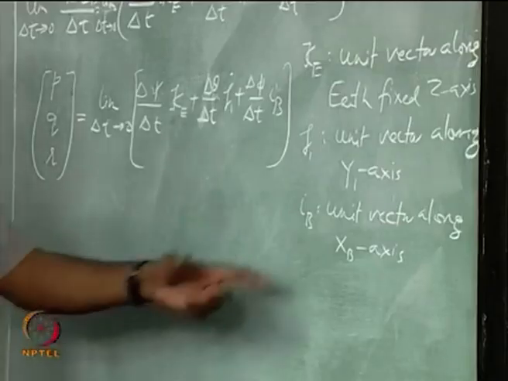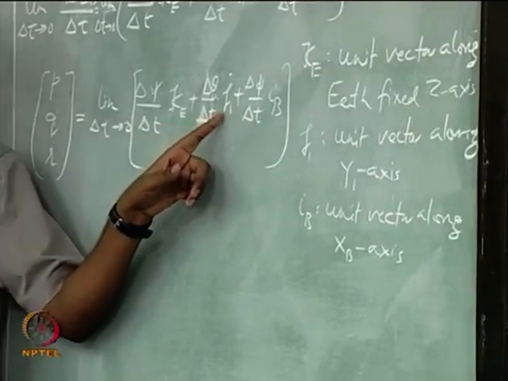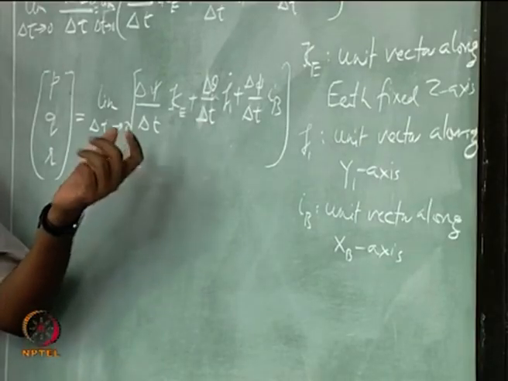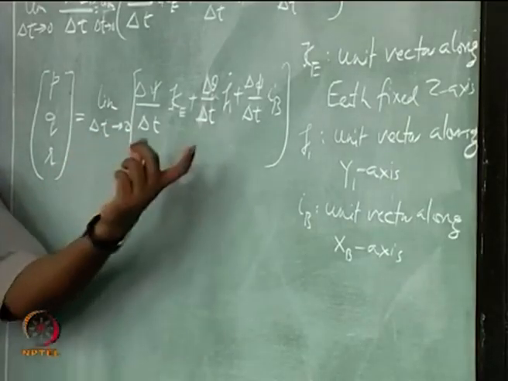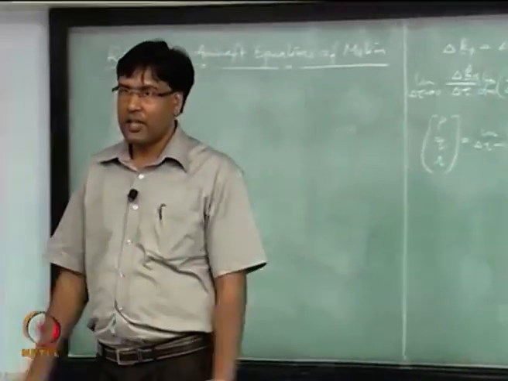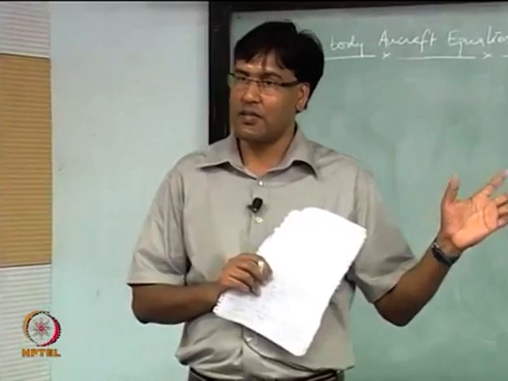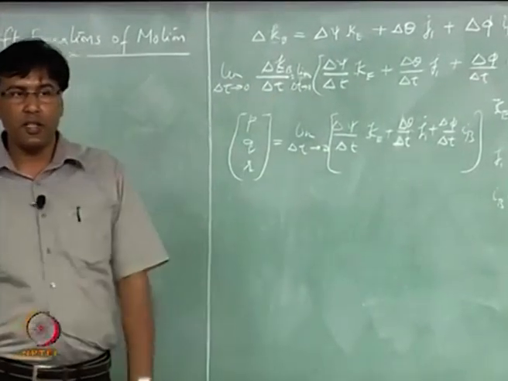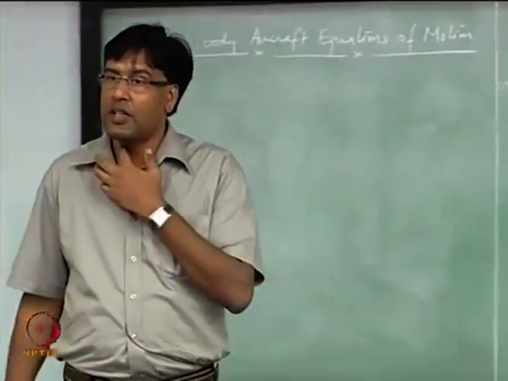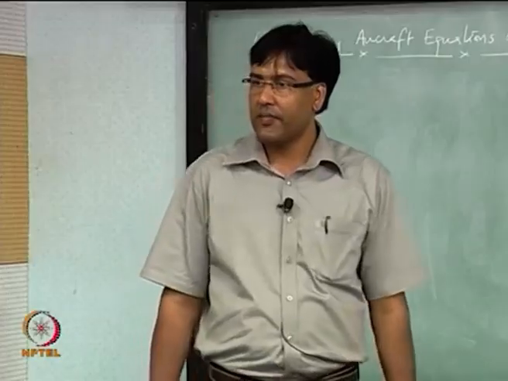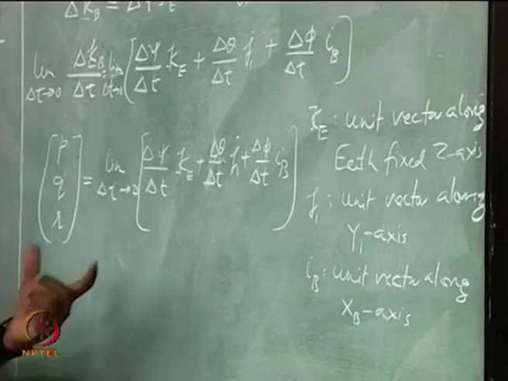So now I have to write them all in one axis system, that is the body axis system, because I am trying to balance out this P, Q, R with the rate of change of theta, psi and phi. You get this?